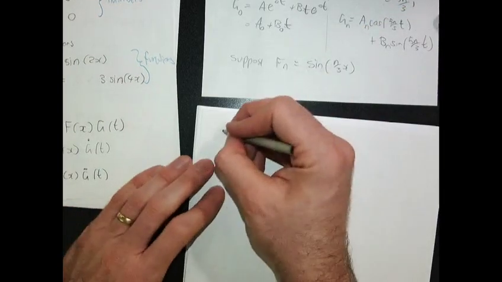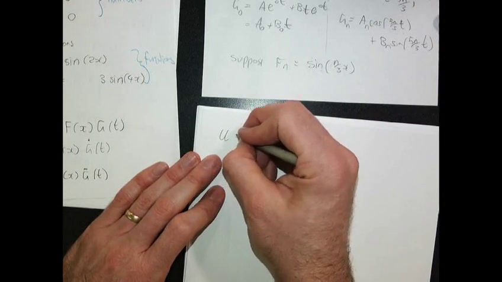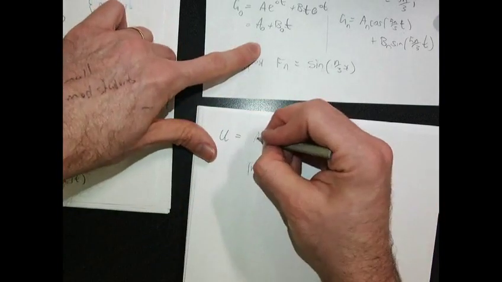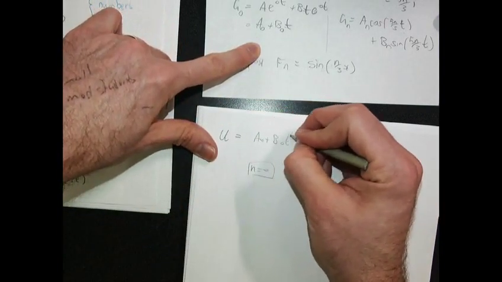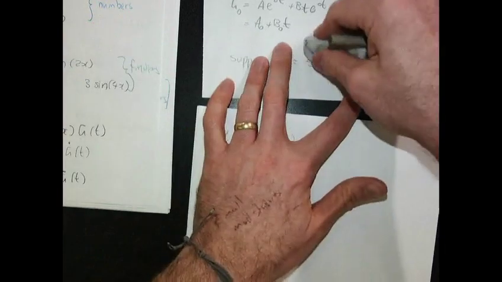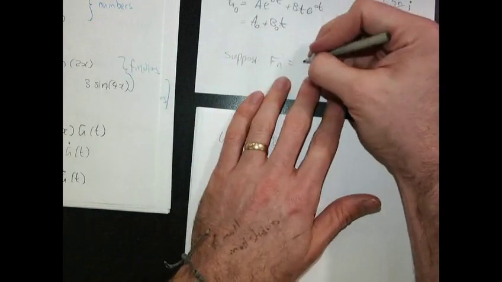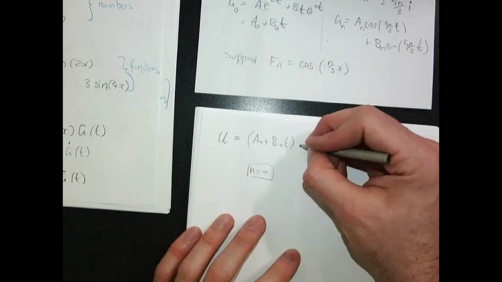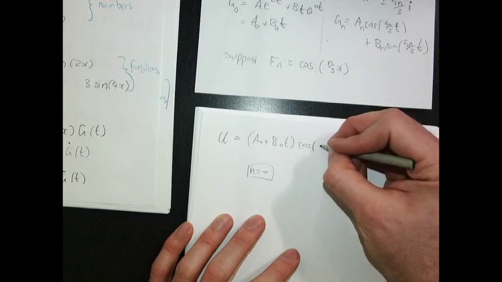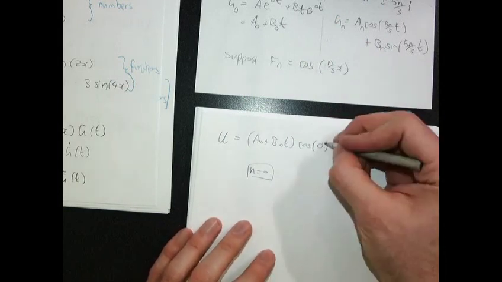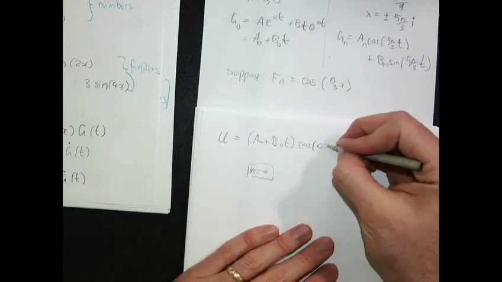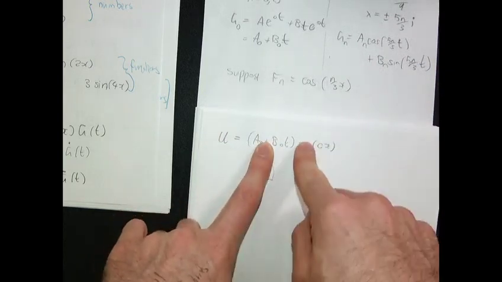Then I'd get that my u, so for n equals 0 there's a different answer. So for n equals 0 I'm going to get a0 plus b0t. I'll do this as a cos if you don't mind. I'll get a0 plus b0t times cos 0x. So that's my g and that's my f.